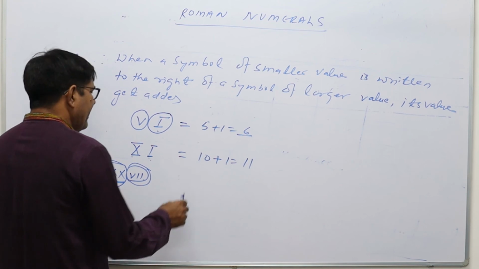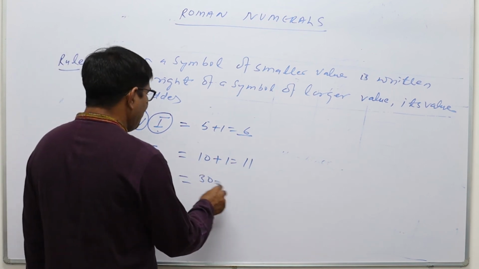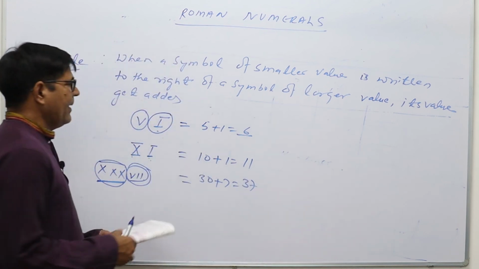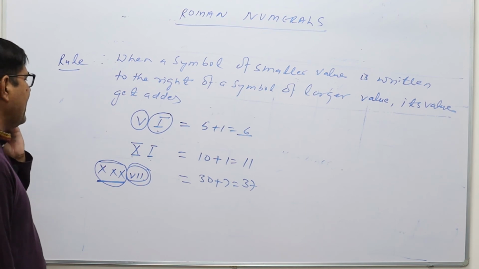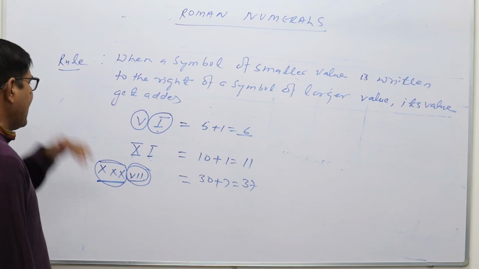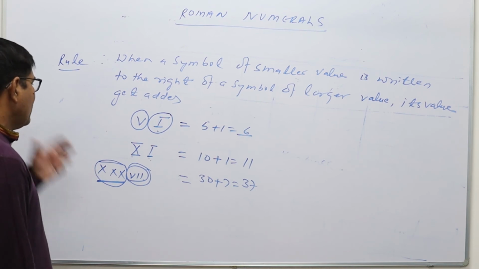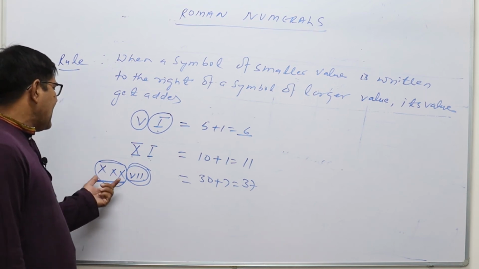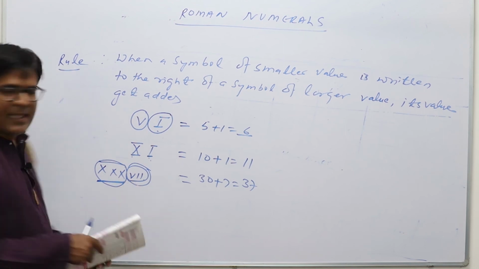Therefore this value will be added to the larger: 30 plus 7 equals 37. So the second rule is, in a Roman number, if the smaller value symbol is written on the right side of the larger value symbol, then the smaller value is added to the larger value.